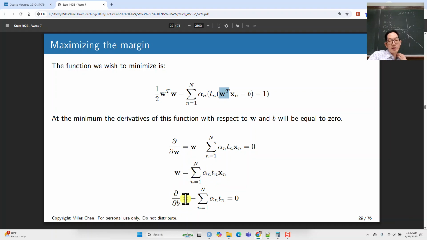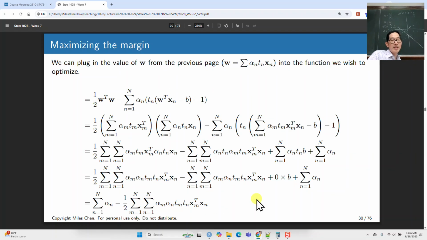You can take the gradient with respect to b, okay? And you get all of these things. All right, this is just a big mess of a page of all of this stuff. Don't worry about it, okay? Basically, this is an inner product between, basically we're looking at every combination, okay?